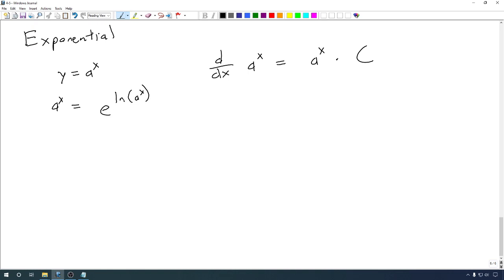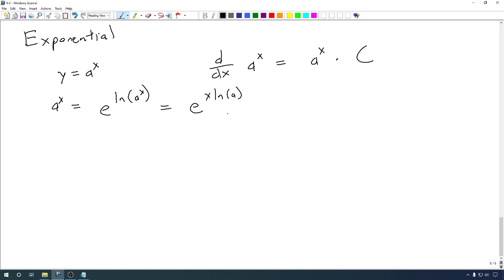Remember, the e here and the natural logarithm cancel each other out, and we get the a to the x on the outside. But we're just introducing them here in order to actually use properties of logarithms. Because the natural logarithm of a to the x, we can pull the power out. This is equal to e to the x times the natural logarithm of a.